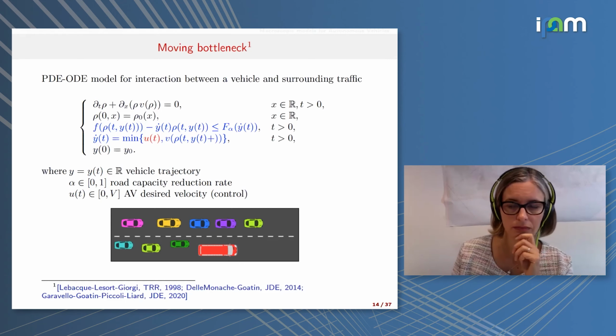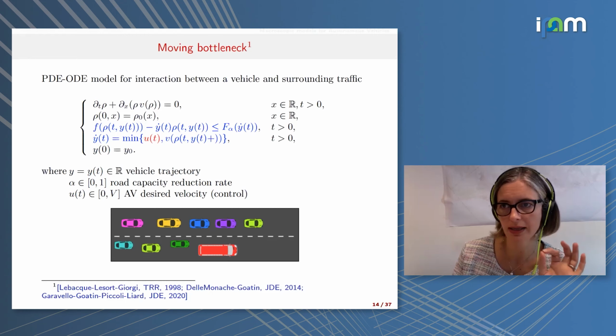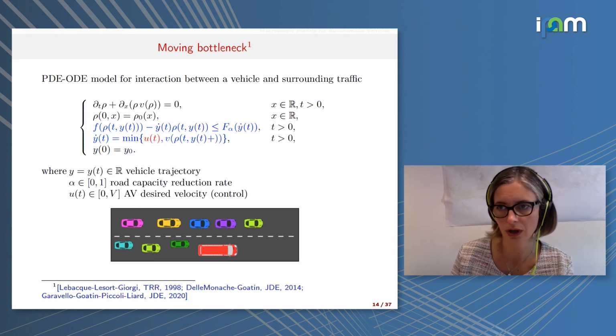But how do you describe the position of this car? This is the y. I have an ordinary differential equation here that gives me the evolution in time of y of t. Y is the position of the autonomous vehicle at time t.